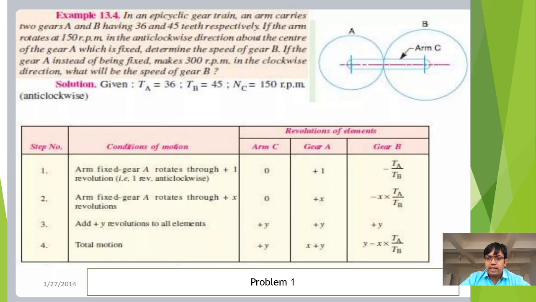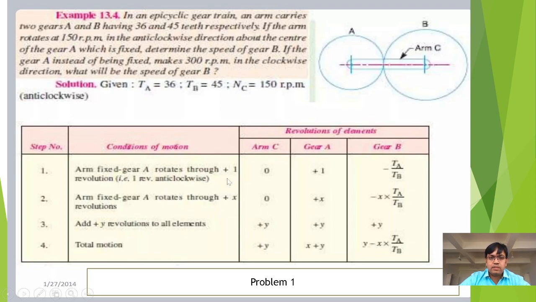Therefore, plus NA by minus NB is equal to TB by TA, because it is inversely proportional. Sorry, what I told you was TA by TB, but it is inversely proportional, TB by TA. What is NA here?